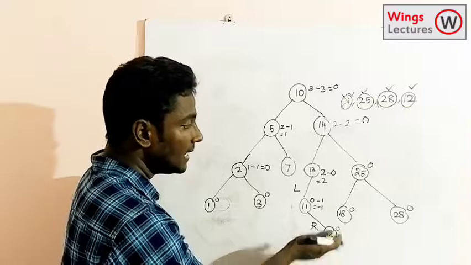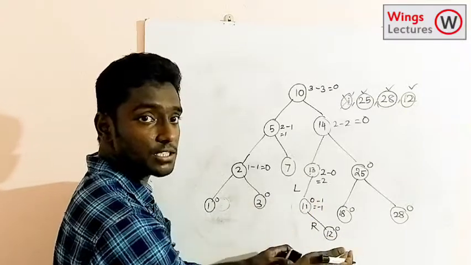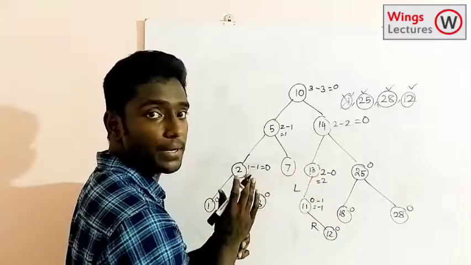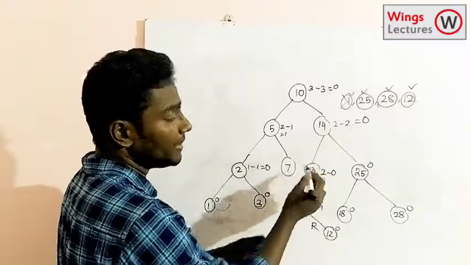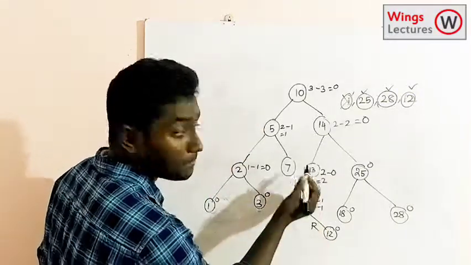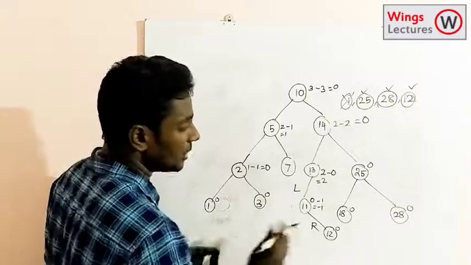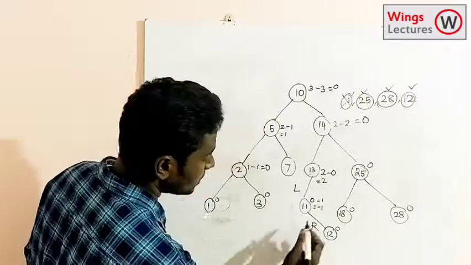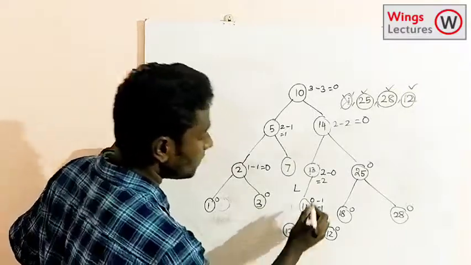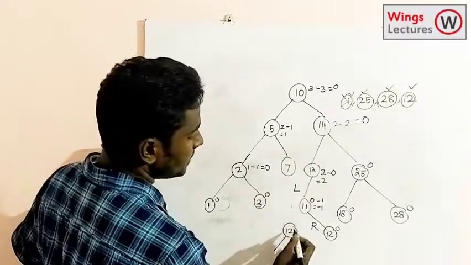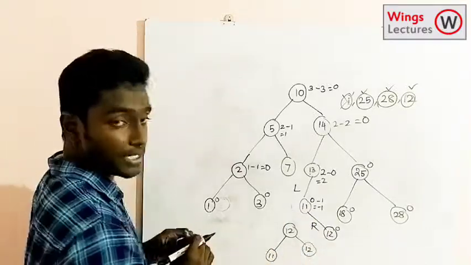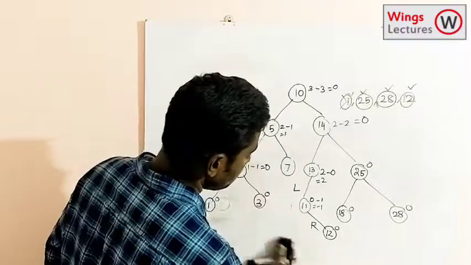For LR rotation, what do you have to do? You have to bring the in-order predecessor of the node where we got the collision. What is that? The in-order predecessor of 13, which is 12. You have to bring 12 to this position, and 11 will become the left subtree and 13 the right subtree.